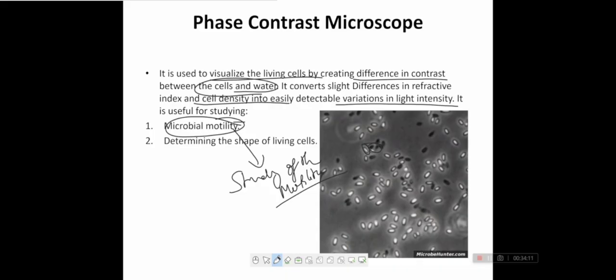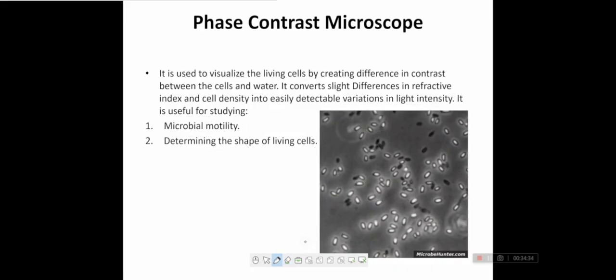Determine the shape of the living cells. So mainly phase contrast microscopes are used for living cells to know the shape and motility. If a question is asked, which technique is used for living cells to determine motility, then the answer is phase contrast.